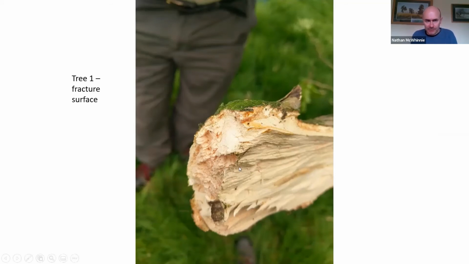So this experiment was largely so that we could assess at what point we say this tree is no longer safe to climb, which then obviously gives us a clue as to where we should be drawing our line to say we need to take a tree down.